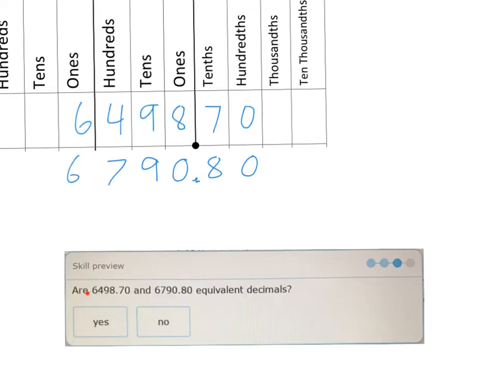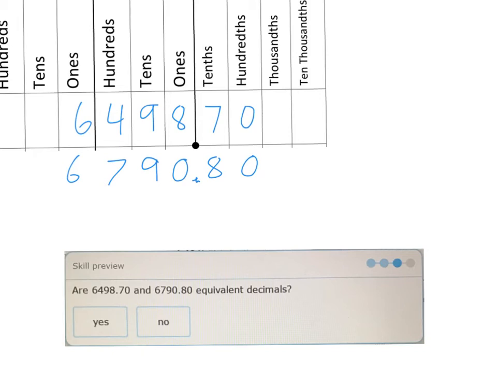Next example: are 6,498 and 70 hundredths and 6,790 and 80 hundredths equivalent decimals? No. I hope you can see that right away. Again, I always start at the left when I'm comparing the numbers, because then I can tell which one's bigger or smaller. They're both 6 in the thousands column. So that's the same.